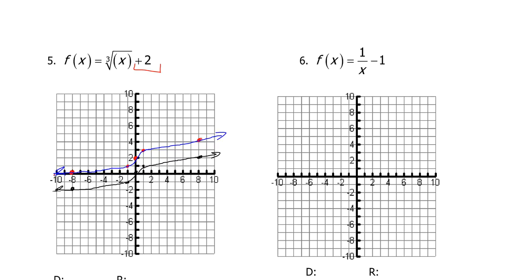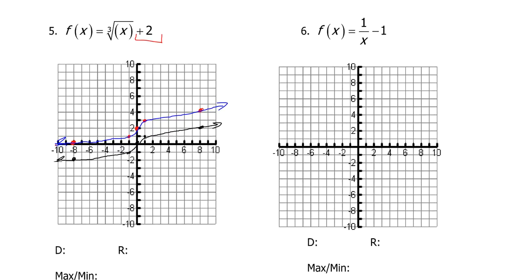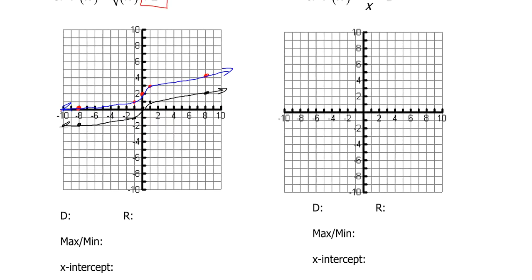Now let's go ahead and draw our conclusions about the domain, the range, and all that stuff off of the new function. So the domain for this function starts at negative infinity, less than x, which is less than infinity.